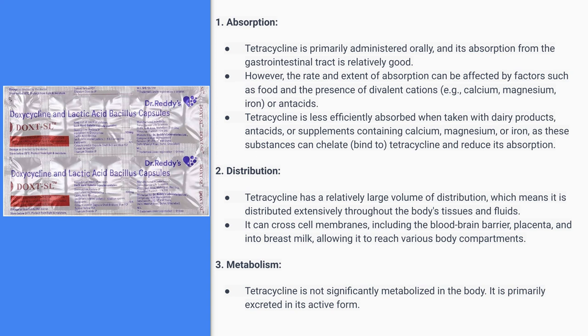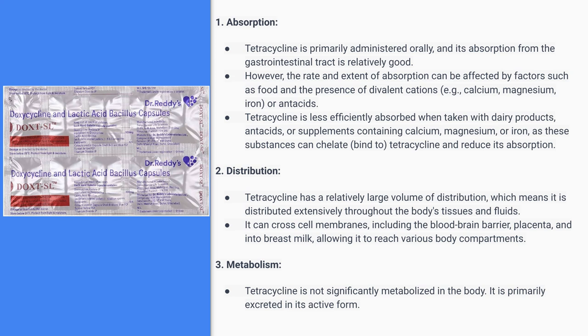We use it in general, even for dental cases also. I'll come to that gradually. Just remember it. So it is doxycycline. I'm not asking you to focus on the lactic acid portion, but just focus on the doxycycline part.